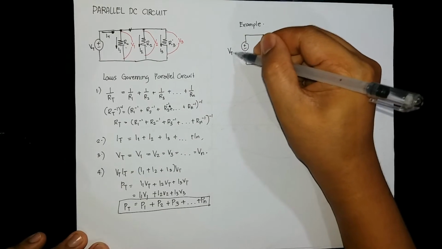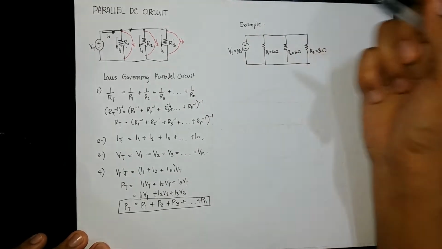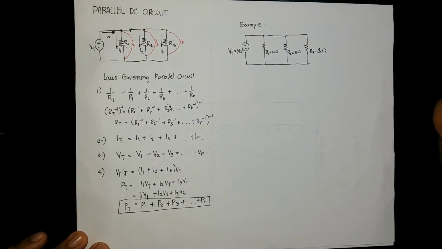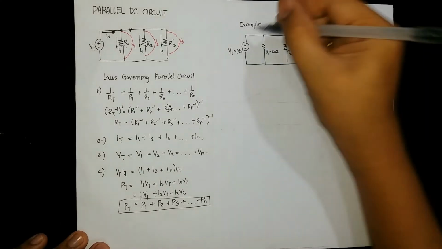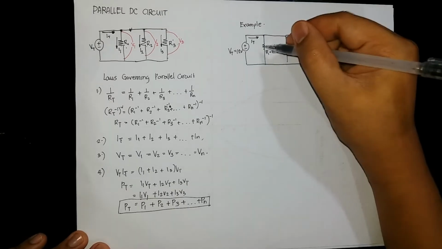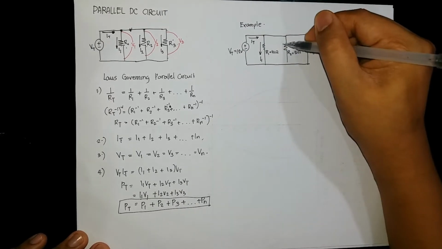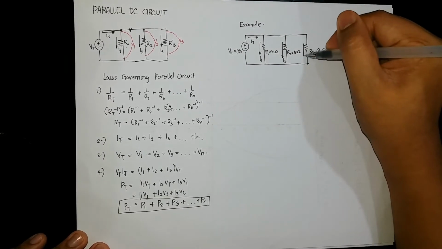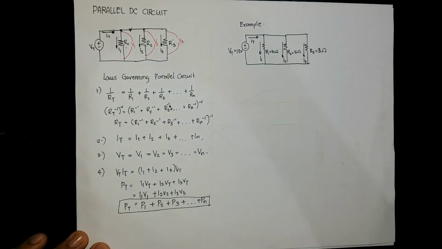Of course, connected with the same voltage, the only difference is they are now connected in parallel. So again, there will be a total current IT, there will be current I1, I2, and I3 flowing through resistance R1, R2, and R3 respectively.